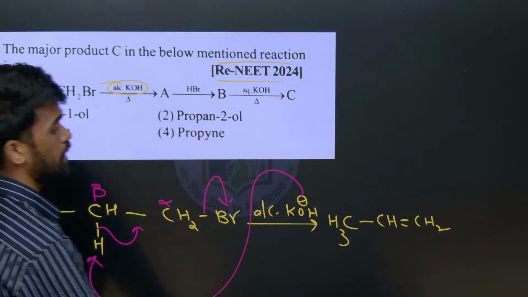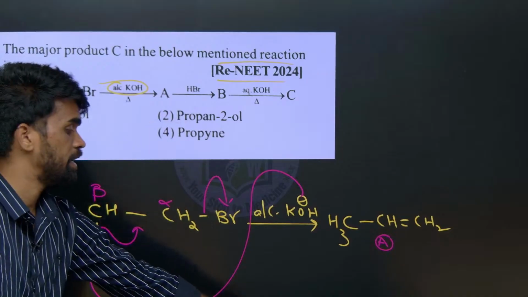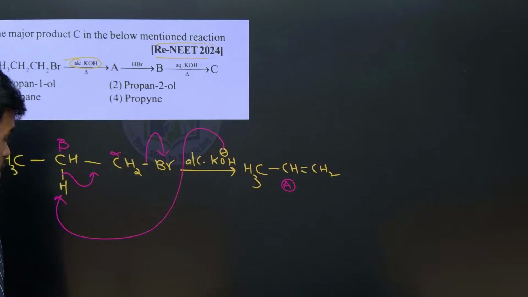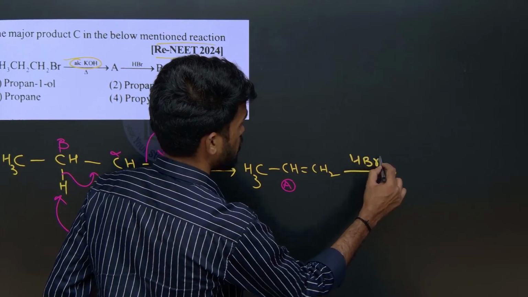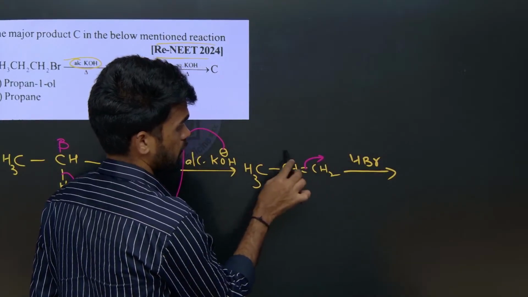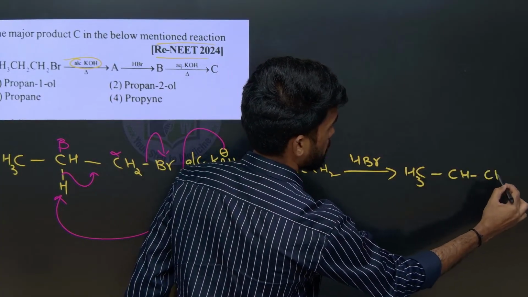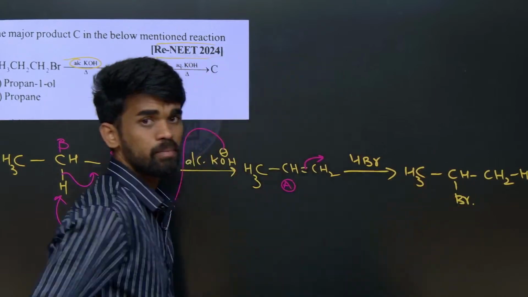So what is our A here? This is the alkene. To that, HBr is added. Addition of HBr to the alkene follows Markovnikov rule addition. H plus should be added to this carbon, and Br minus here. This is Markovnikov addition.